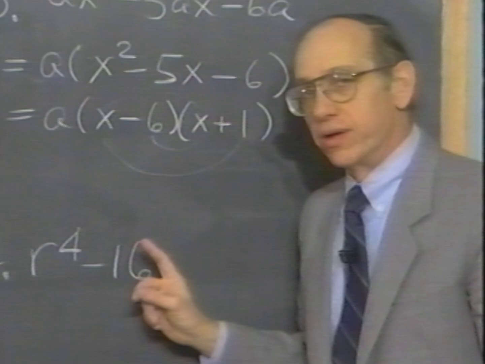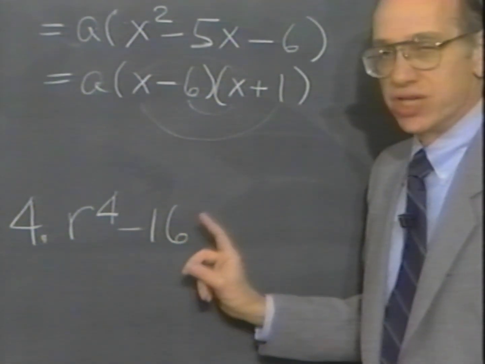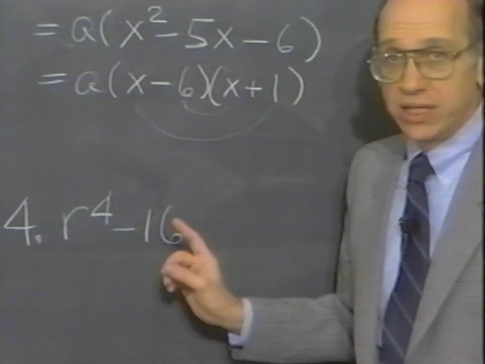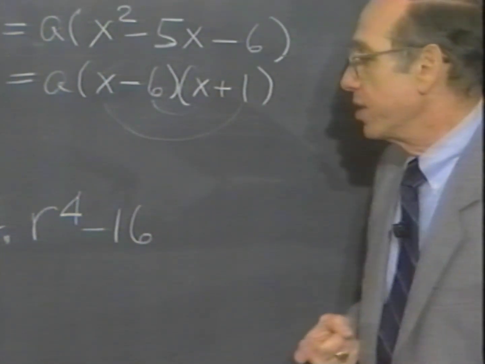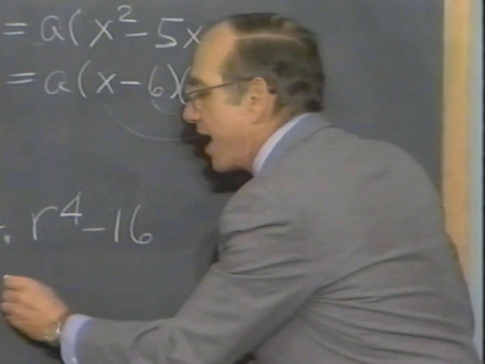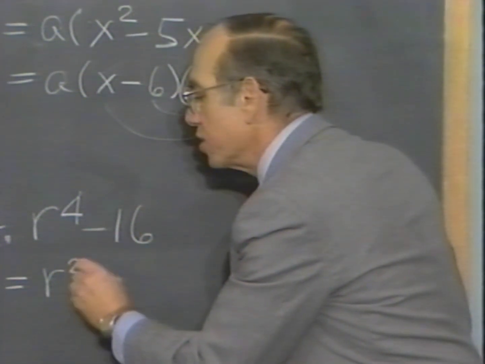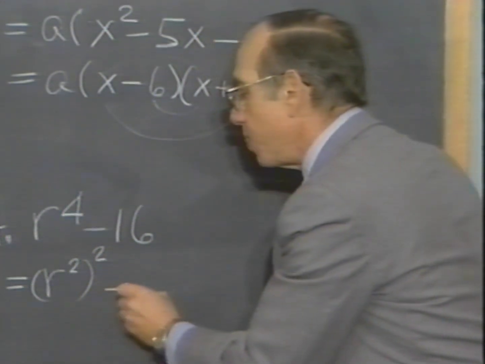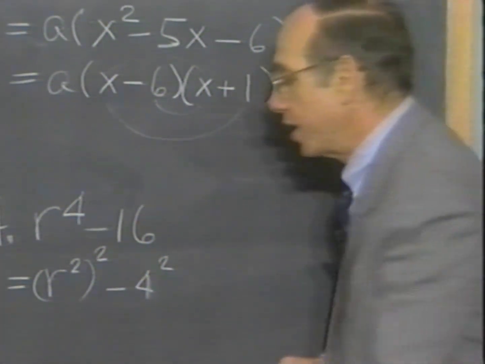Problem 4 is a nice problem. r to the 4th minus 16 has to be completely factored. All right? The first thing we do is realize that, in fact, this is the difference of squares, because this is r squared squared minus 4 squared. All right?